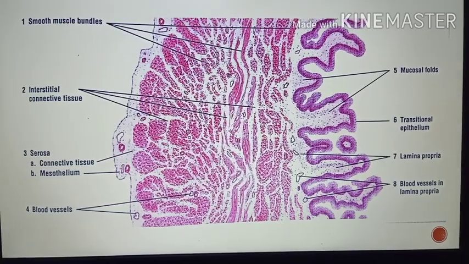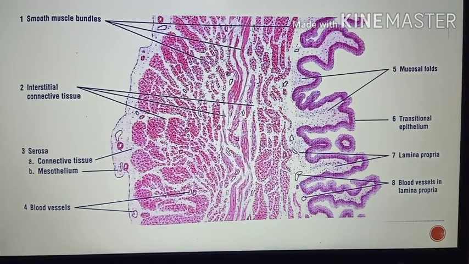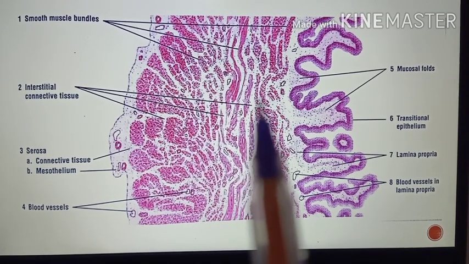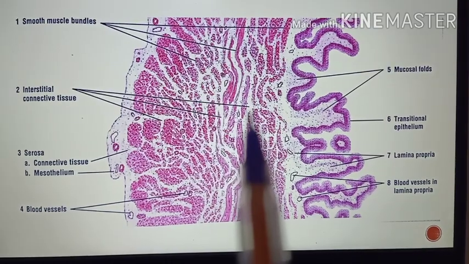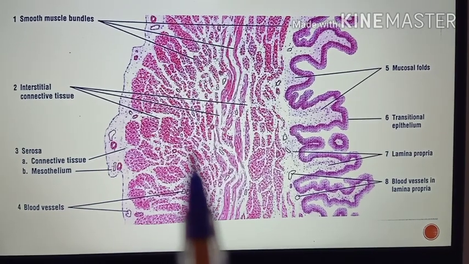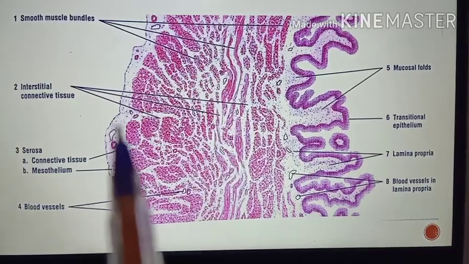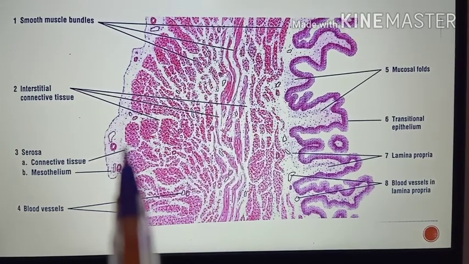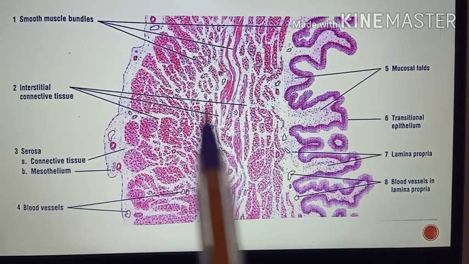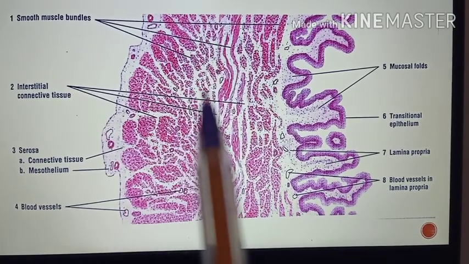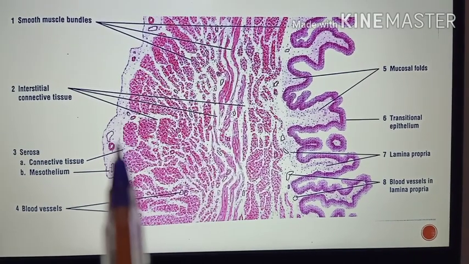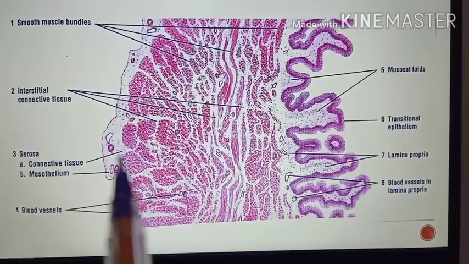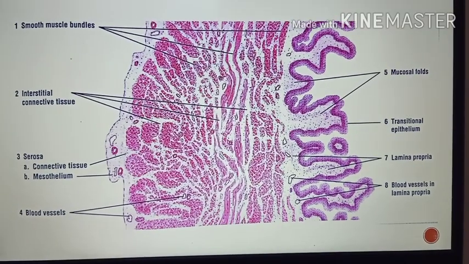Then one more thing you are supposed to see: the interstitial connective tissue present in between the bundles of smooth muscle also merges with the connective tissue of the serosa. All this connective tissue between the muscle fibers merges with the connective tissue present in the serosa.